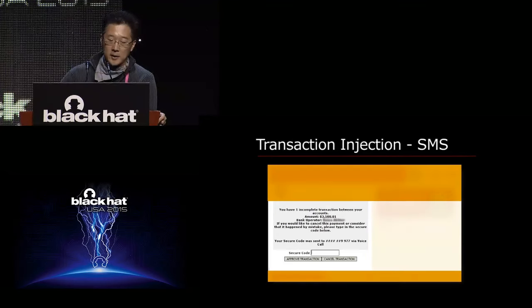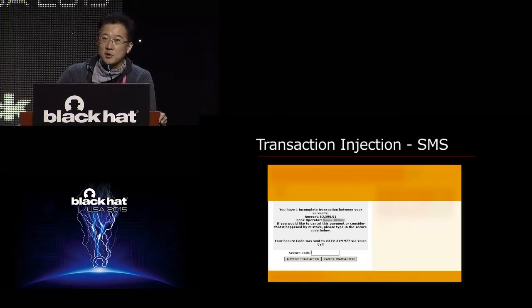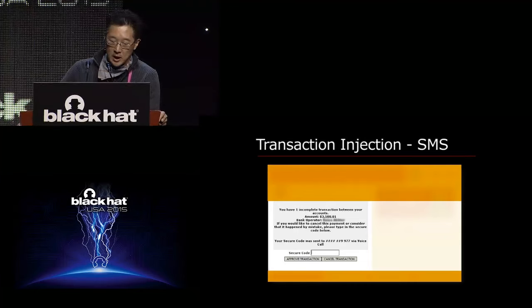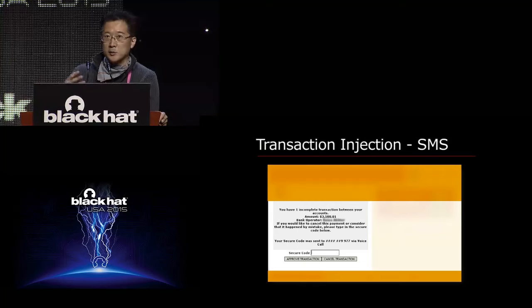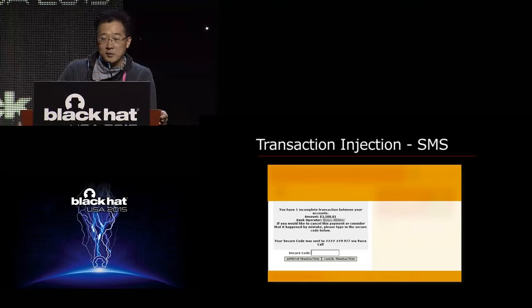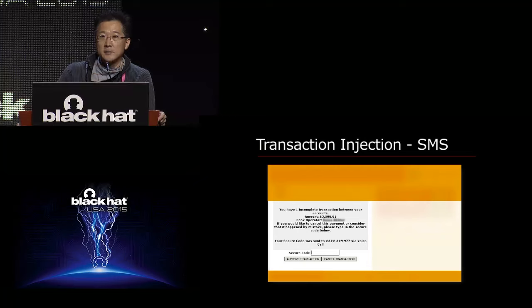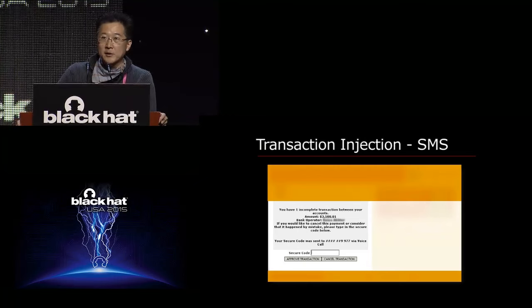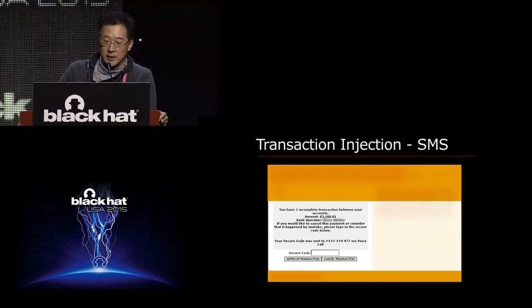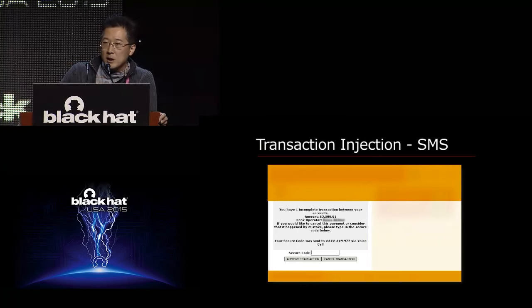In some cases, when the malware is doing the transaction injection, it will just require a bit of social engineering, because when the user is equipped with two-factor authentication methods, such as mobile phones, for example, and the user is not expecting a message, and an injection happens, then it's going to be a very unusual thing for the user to receive.